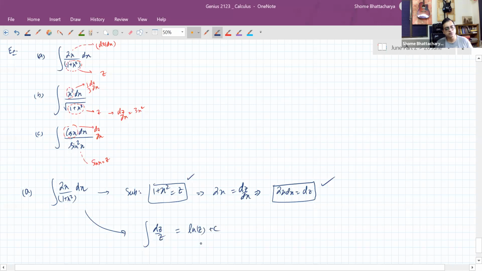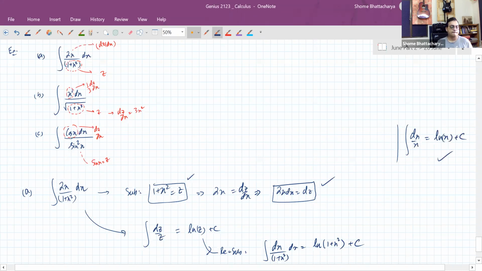And now you resubstitute. This becomes natural log of 1 plus x square plus c. Because always remember that the integration of this is the exception to the x to the power n rule.